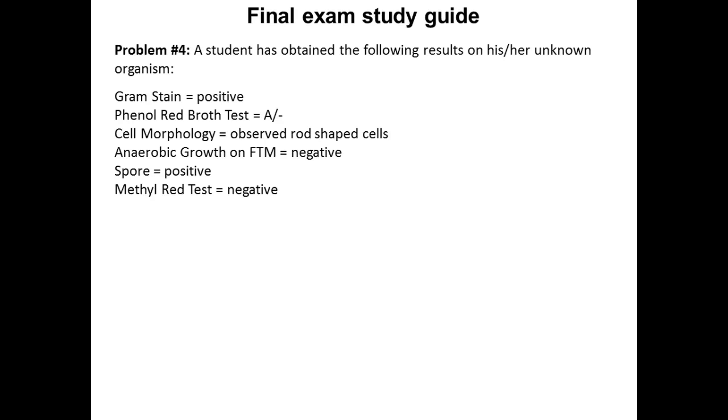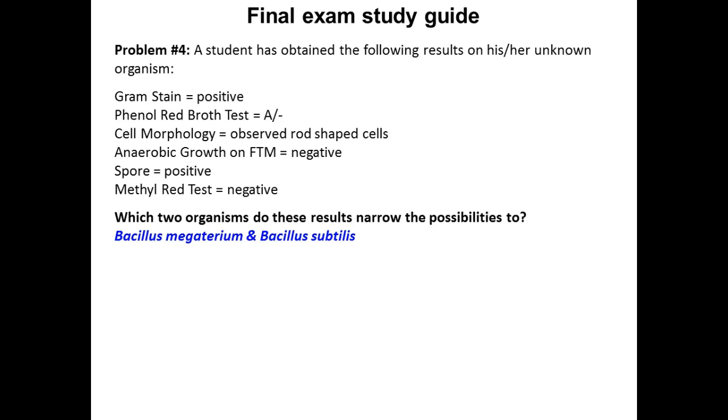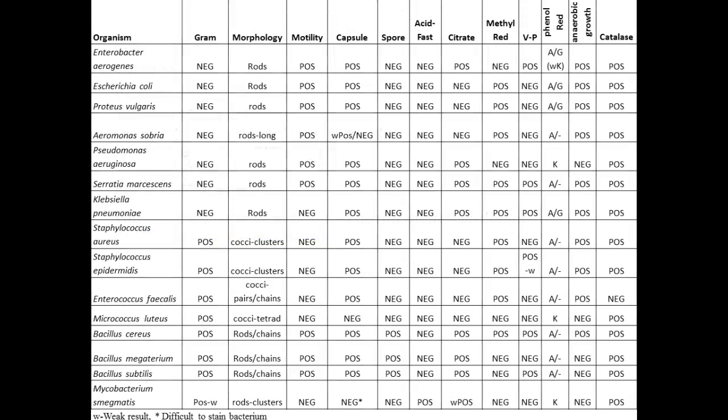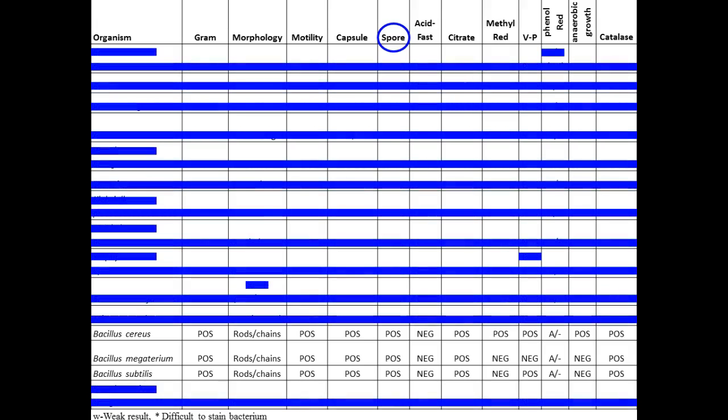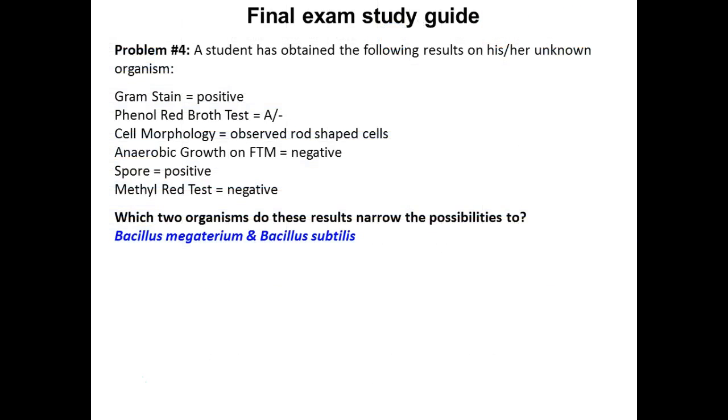It was aerobic. So which 2 bacilli? Yeah, megaterium or subtilis. So again, spore brought us right down to 3 possibilities. Phenol red and anaerobic growth narrowed it down to the 2.